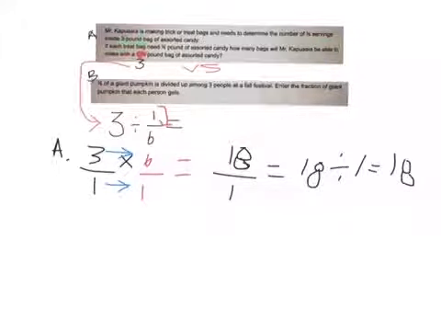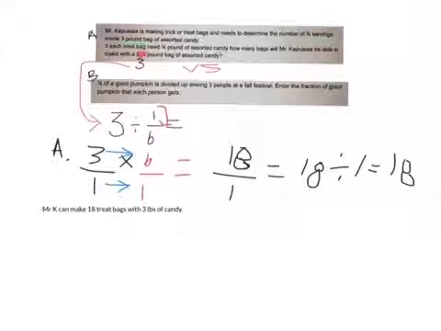So your answer would be Mr. K can make 18 treat bags with 3 pounds of candy.